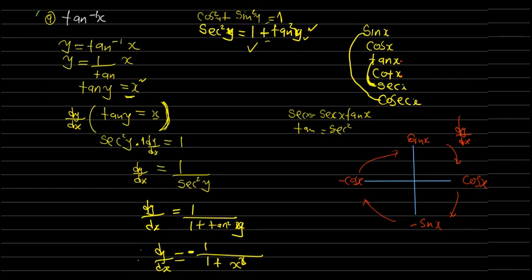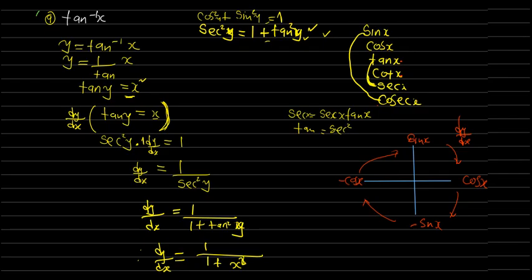Cot is just the opposite. You need to put a negative somewhere because of this identity, and you need to make one the subject of the formula. So try that.